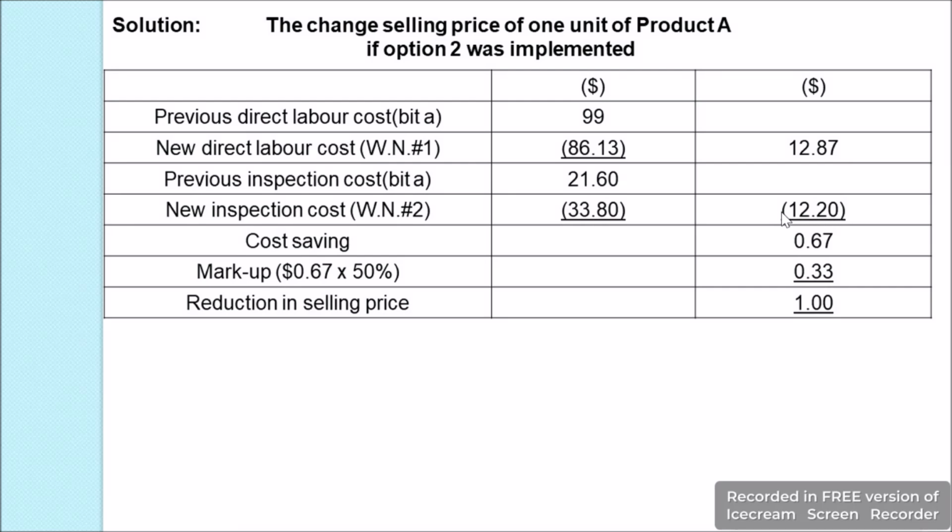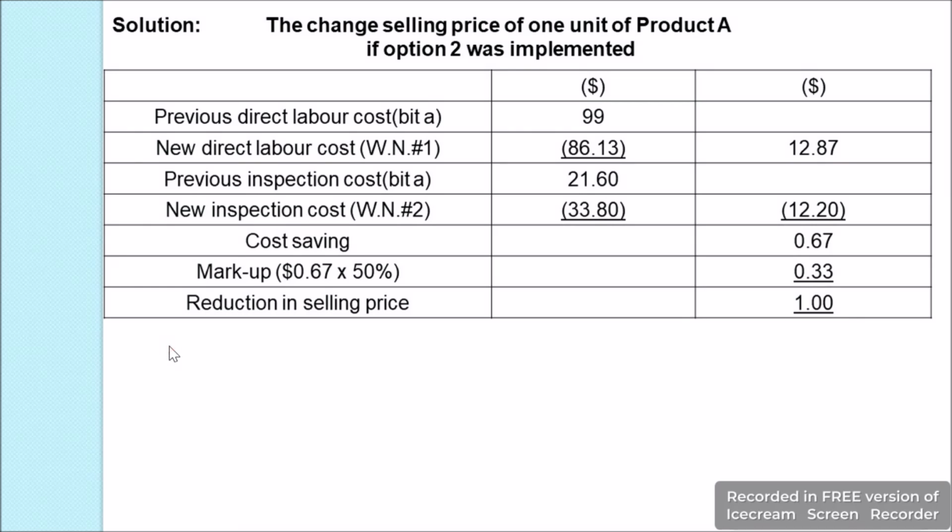As this is an increase in cost, it is negative. So we subtract this from the savings from the direct labor cost of $12.87. We get the cost saving as 67 cents. To this, if we apply the markup of 50%, we get the value of 33 cents. So now the reduction in the selling price will be $1.